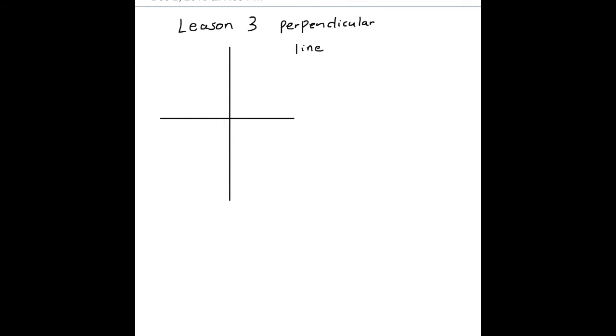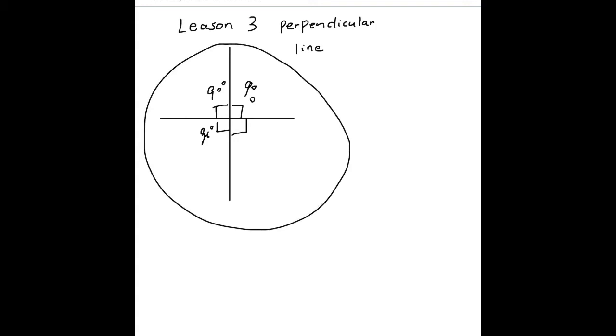Why? Because they have 90 degrees in there. Same to there. So this one has perpendicular lines. So it's pretty easy, right?